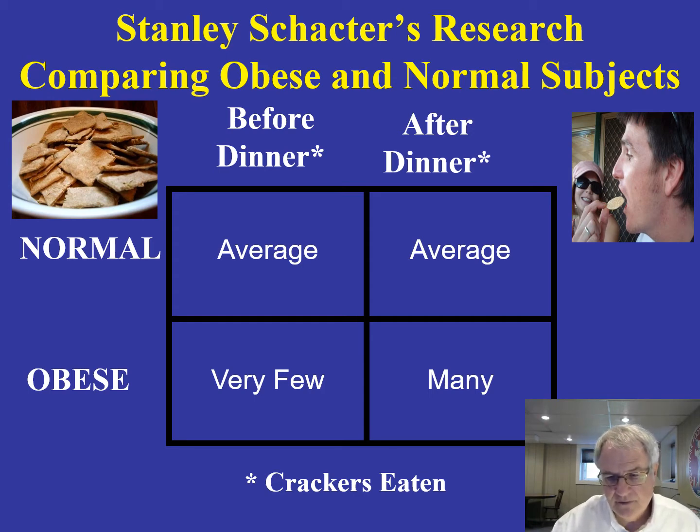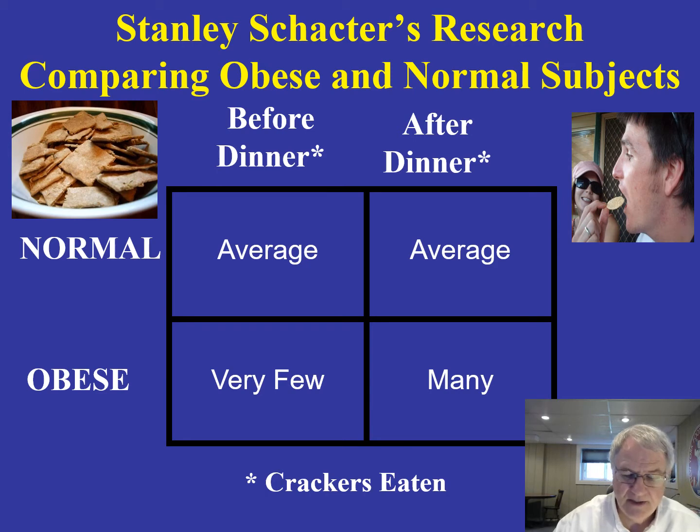Then, after the subjects were involved in filling out this questionnaire, they were led into another room, and this room had a series of tables that had bowls of good tasting crackers. Now, some of the subjects in the experiment were normal subjects based upon their age and their body size, and other subjects were obese subjects.